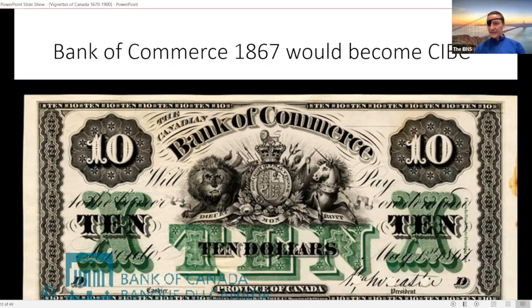Cedric, go ahead, ask. Yeah, thank you very much, Roger. Great presentation. I think it was very interesting and lovely vignettes on those banknotes. I was particularly interested in those banknotes that are redeemable in different countries, in different cities.